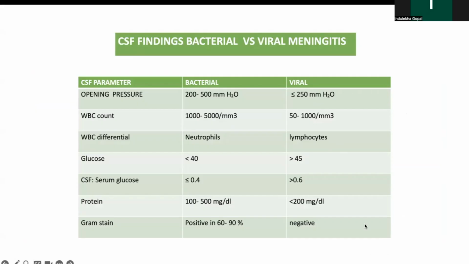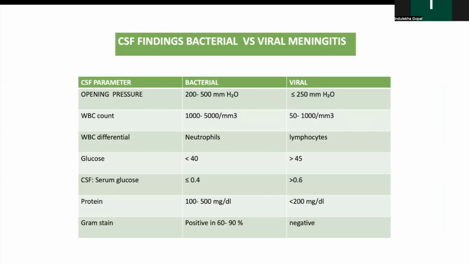The CSF parameters are very important. Bacterial versus viral meningitis. The opening pressure for bacterial will be in the range of 200 to 500. Viral, it will be less than or equal to 250 millimeters of water. WBC count will be 1,000 to 5,000. In viral, it will be less, 50 to 1,000.